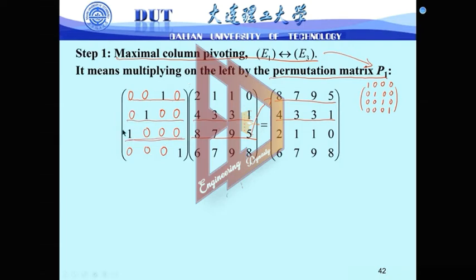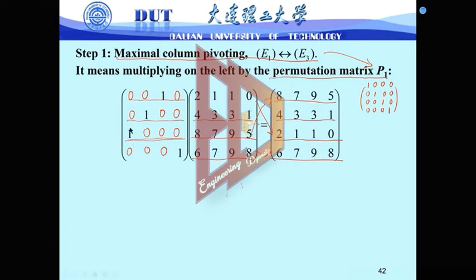Because only the first number is not 0, that means we just move the first row to the third row. And the last row, 0 0 0 1, we don't move, we just obtain the last row.